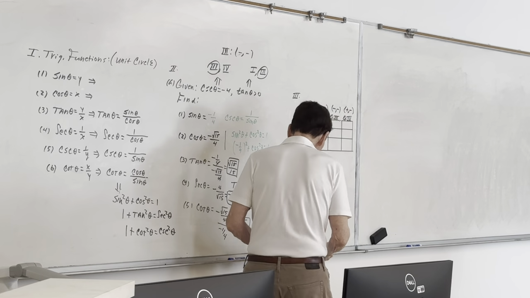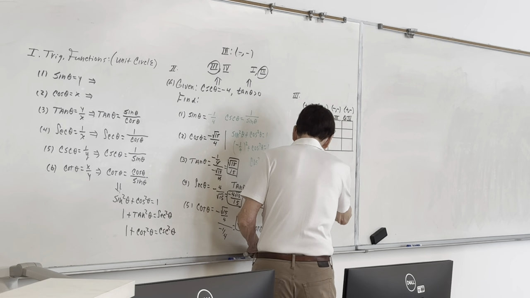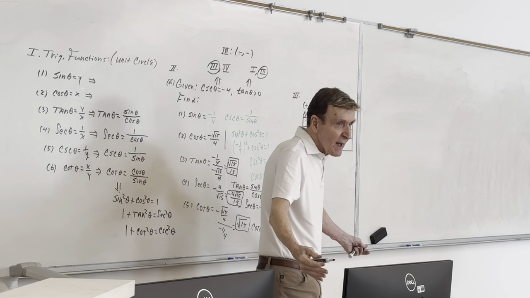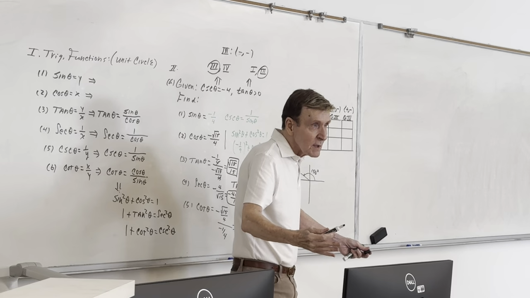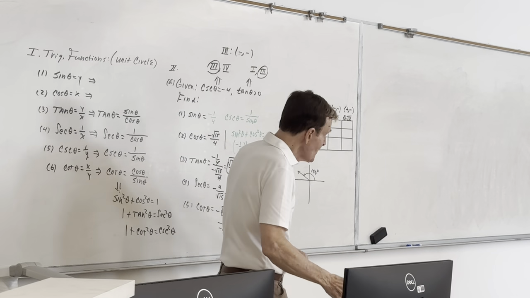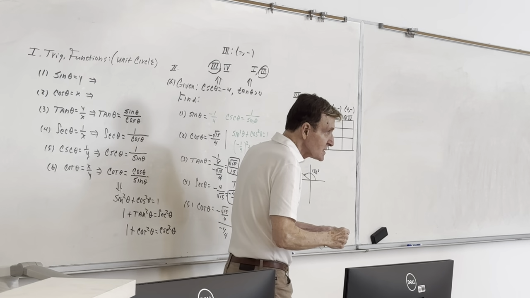I'm in quadrant 2, and it's 150 degrees. Let me use degrees. Now, where's the 30 I'm relating it to? Is there a 30-degree angle here? Caroline? No, 180 minus 30.